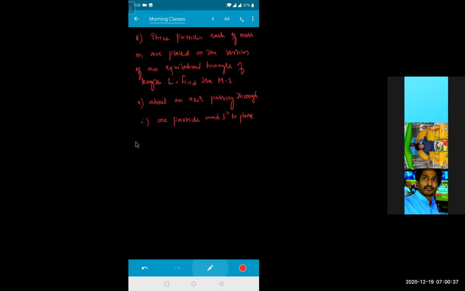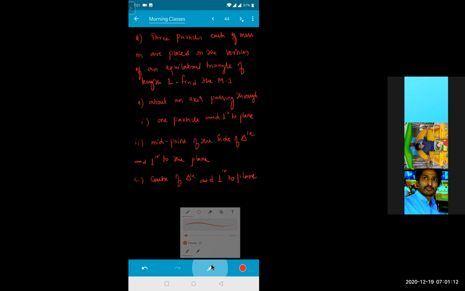The second one, midpoint of the side of the triangle and perpendicular to the plane. And the third one is the center of the triangle and perpendicular to the plane.